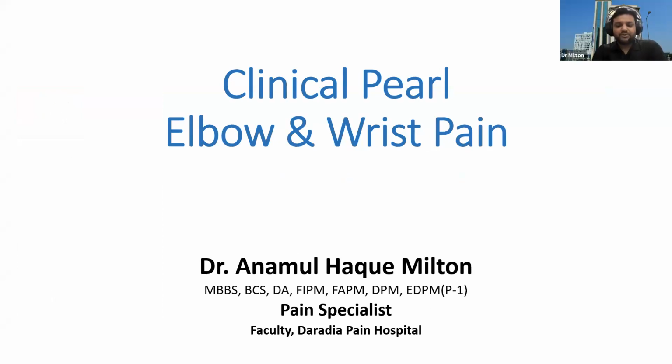Very good evening to all. So our Clinical Pulse second class is regarding elbow and wrist pain, because these areas are very common, especially in the OPD. So how do we evaluate these patients, how do we diagnose this type of case?